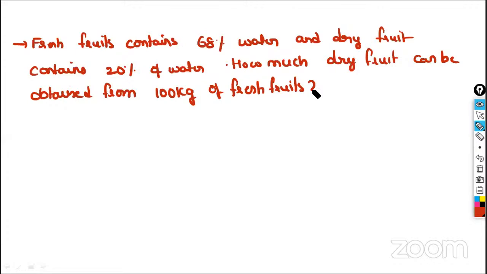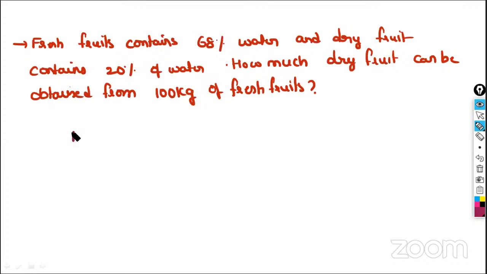So the water will be evaporated, but the pulp will be the same. Correct or not? Very good, Ashwant and Swati. See, simple manner, no need to take any tension.